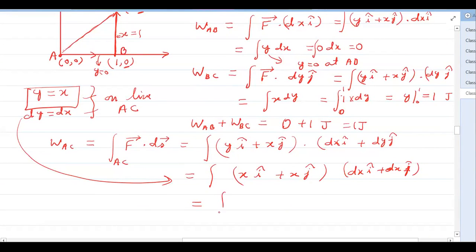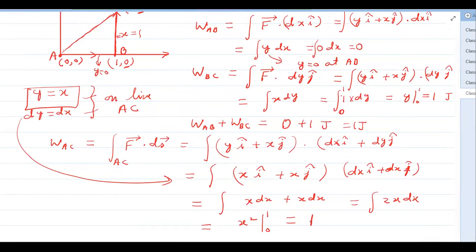If you take the dot product, x dx and x dx twice, so 2x dx, if you integrate it, we are going to get x square, from 0 to 1. So we are getting 1 only. We are getting the same thing.